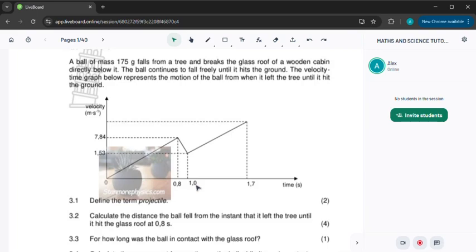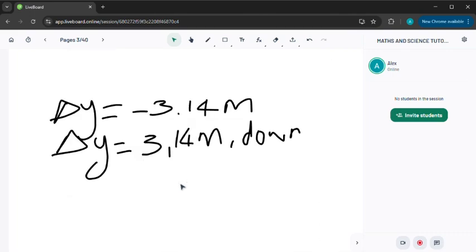The difference between the two, 1.0 and 0.8, is going to give us the time in which the ball was in contact with the glass roof. So you will just say 1.0 minus 0.8, and this is equal to 0.2. So 3.3, 0.2 seconds. That is the correct answer.